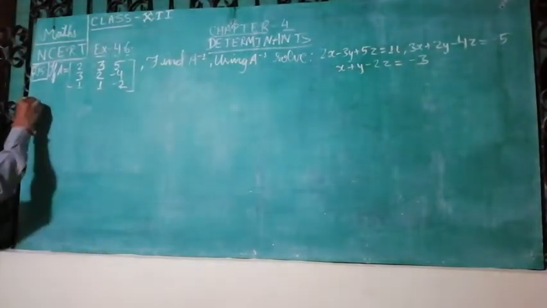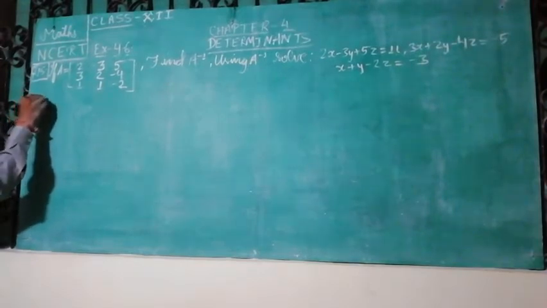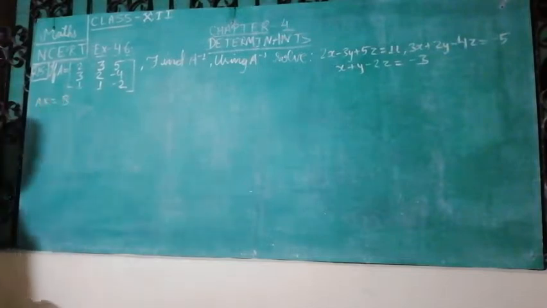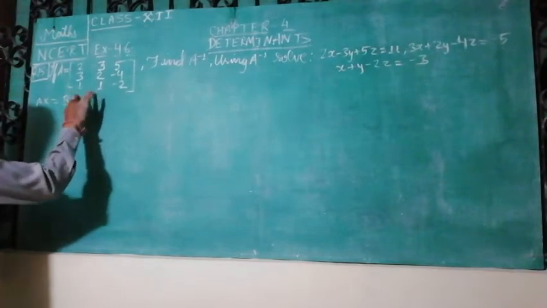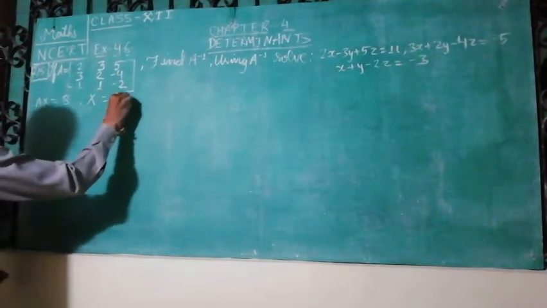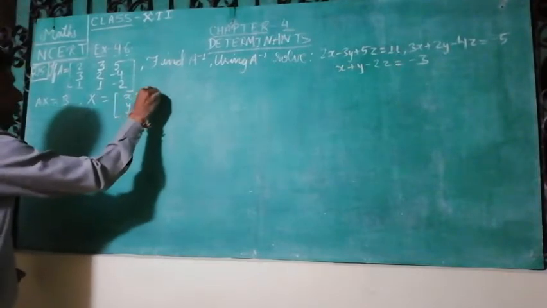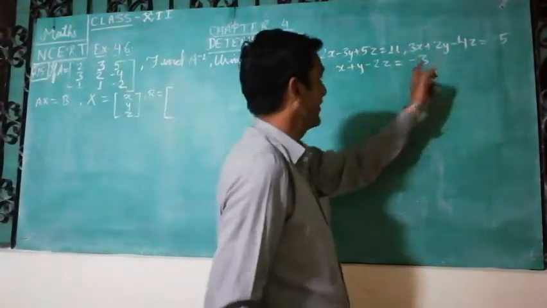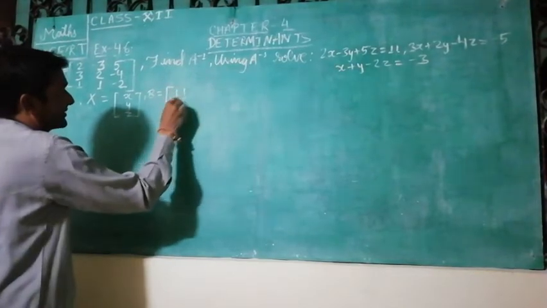So now we can say that AX is equal to B, where X is equal to x, y, z, and B is equal to 11, -5 and -3.